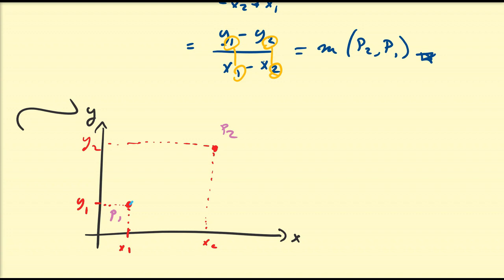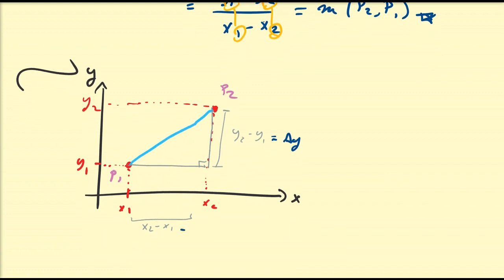Let's connect these points with a line segment. And let's construct a right triangle out of these 2 points. So this distance right here is of course x2 minus x1. And this distance right here is, of course, y2 minus y1. So this is what we call the change in y, and this is what we usually refer to as the change in x.